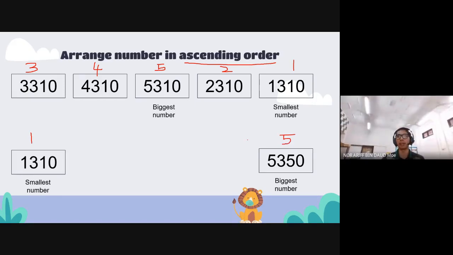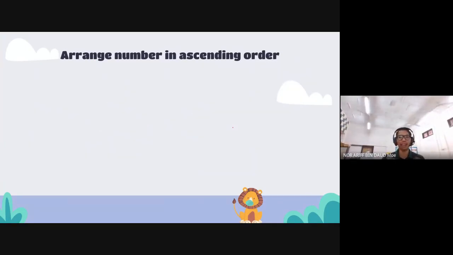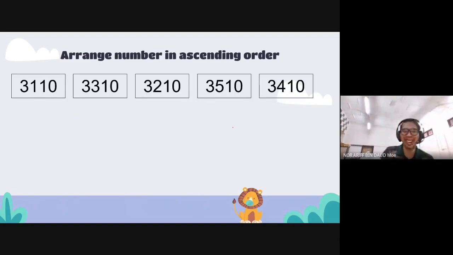Okay, now we arrange number 2 here, number 3 and number 4. Okay, very easy. But in your quiz is very hard. Okay, we go to the next slide. We go to the ascending order again.